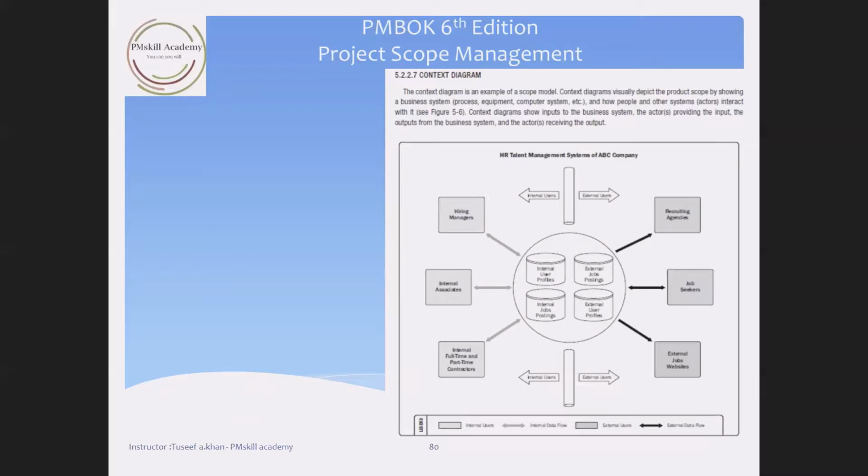Then you have another tool and technique, the context diagram. A context diagram is an example of a scope model. You make a model and you make some blocks to represent some inputs to the business and some outputs. It is like black box analysis.